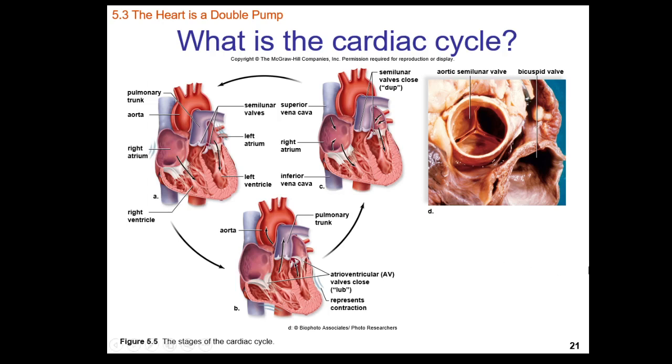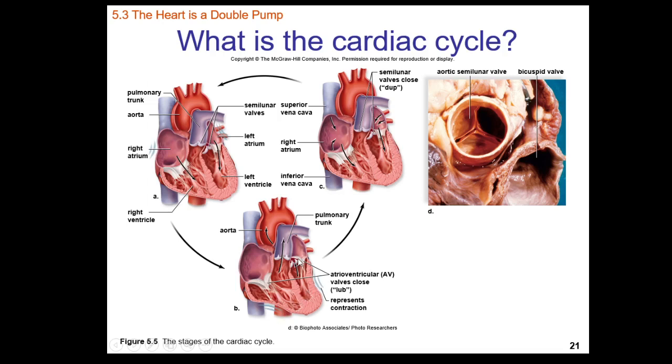So what is the cardiac cycle? So again, we start with the atria contracting. This will push the blood out of the atria down through the atrioventricular valves into the ventricles. And then you'll get, shortly after, the ventricles will contract.